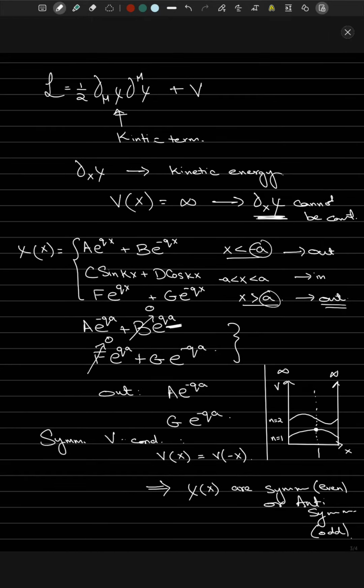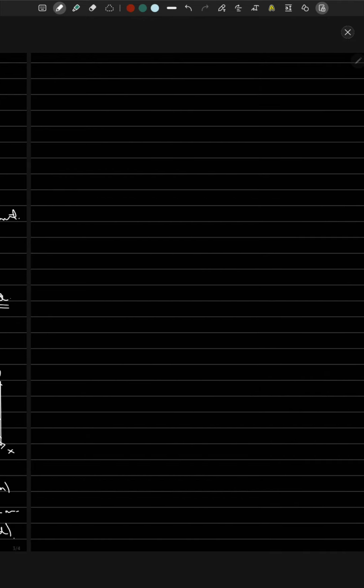So with these simplifications for the outside and this symmetry condition V of x is equal to V of minus x, I can break my solution into two parts. The first one is even and the second one would be odd.